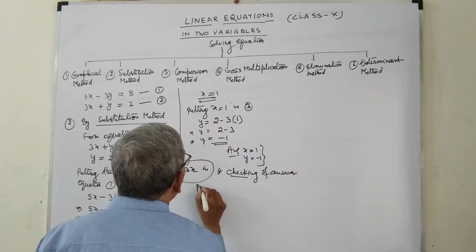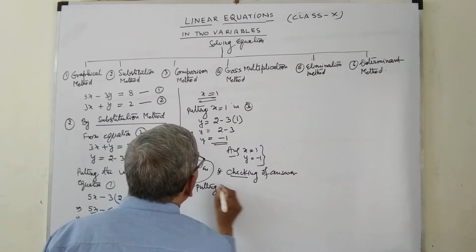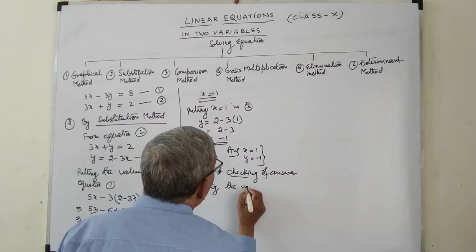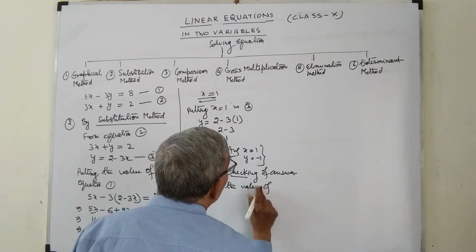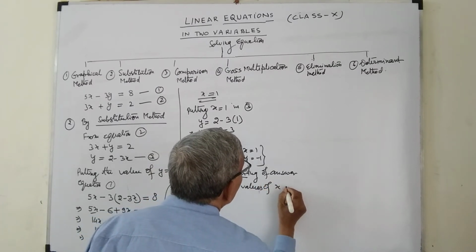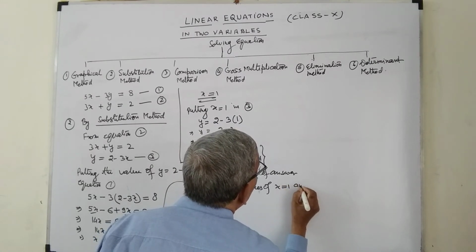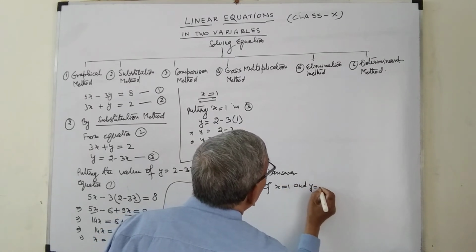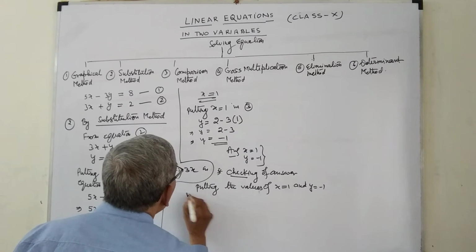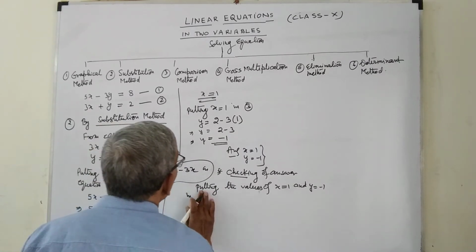So putting the values of x and y, x is equal to 1 and y is equal to minus 1, in equation 1.